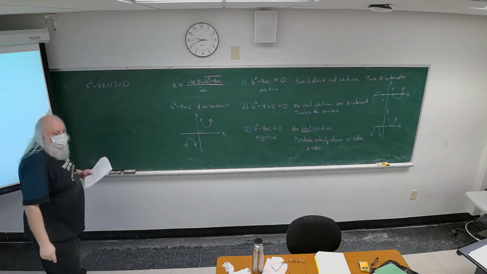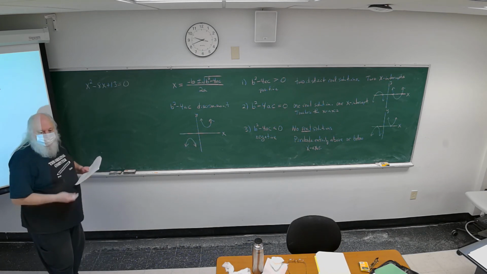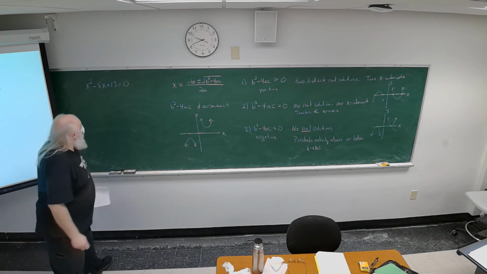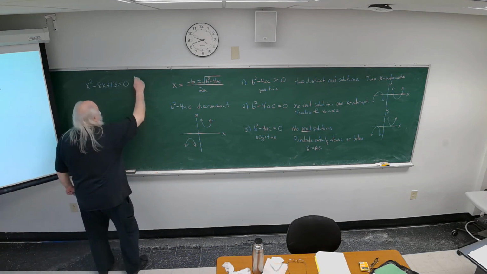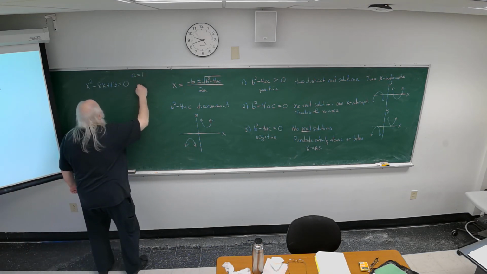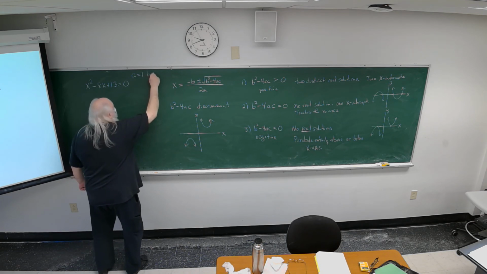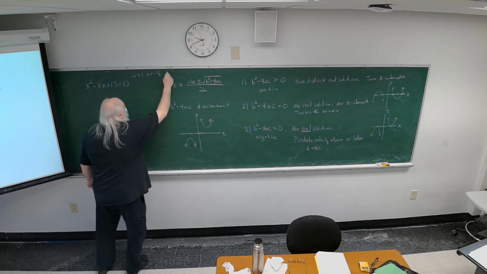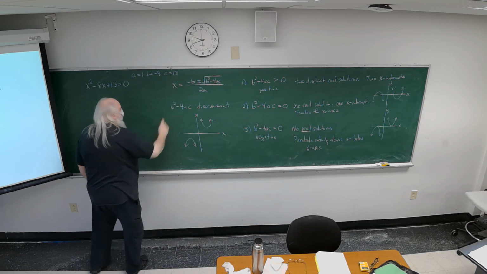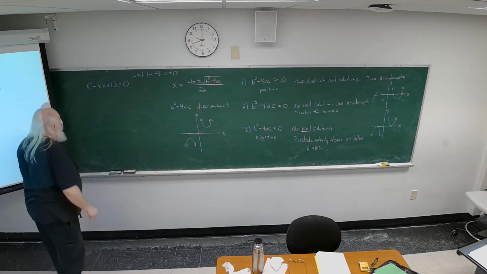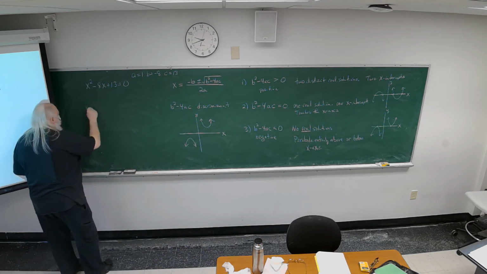We're finding out if there's one x-intercept, two x-intercepts, or no x-intercepts. So a is equal to 1 in this case, b is equal to negative 8, and c is equal to 13.